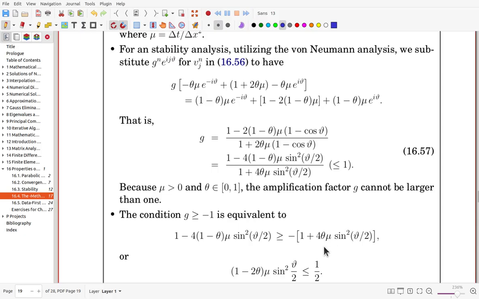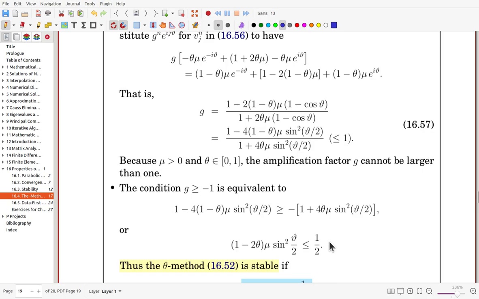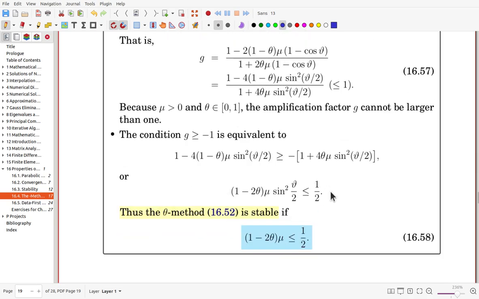And from this one, we can reach this inequality. That is the inequality. And now this value is between 0 and 1. So therefore, for every theta, this must be satisfied. For the theta method, it is stable if this condition is satisfied.